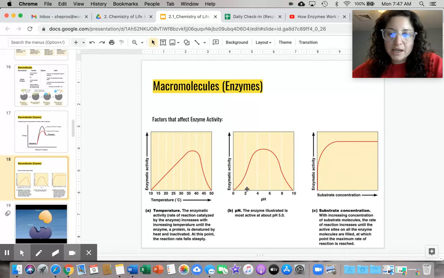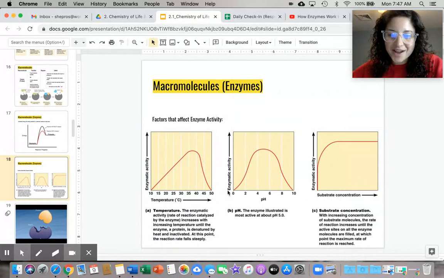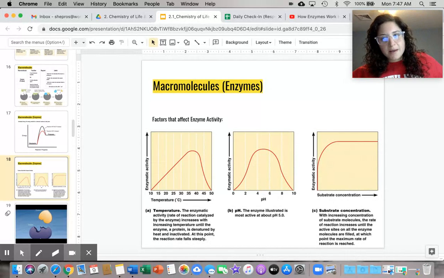Same idea. We start off with a really low pH, a really acidic environment. And as we slowly climb up the pH scale, as we slowly make it more towards neutral, keep in mind we're not at neutral right now, this is when enzyme activity peaks. That's right around a 5. So it's still slightly acidic, but it is closer to neutral.